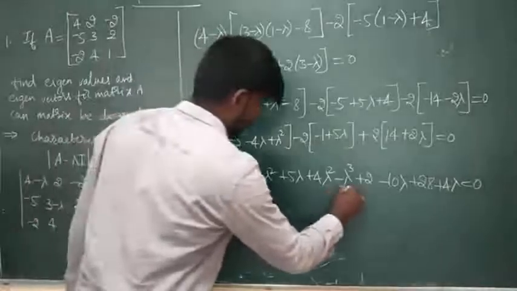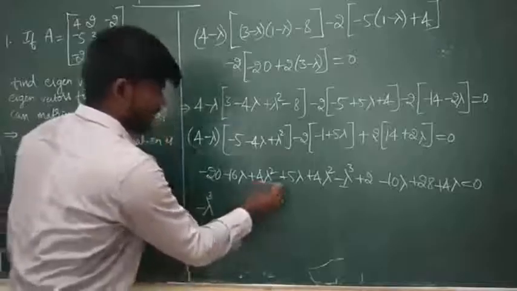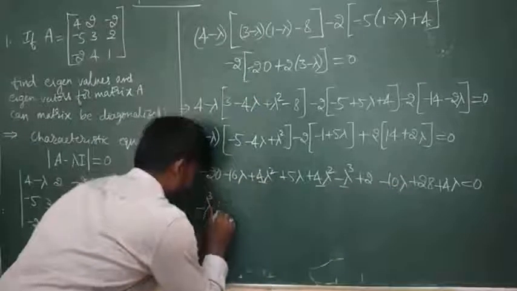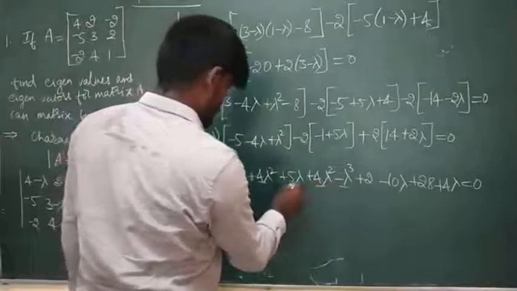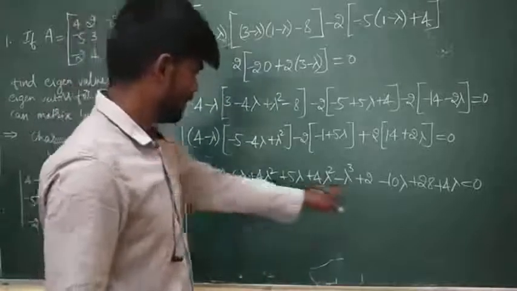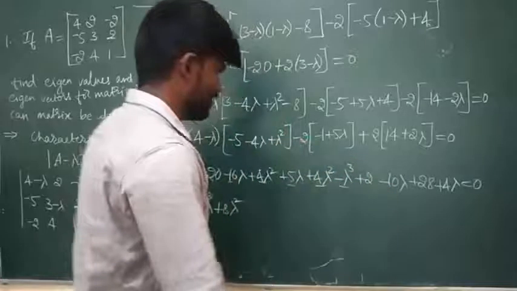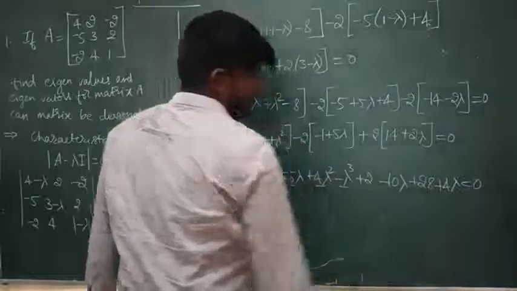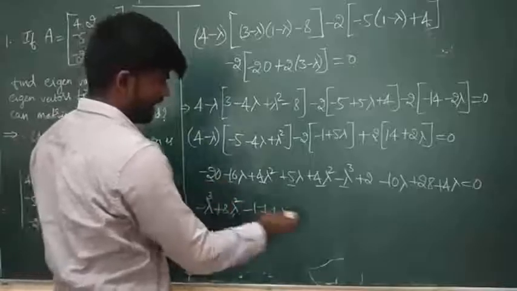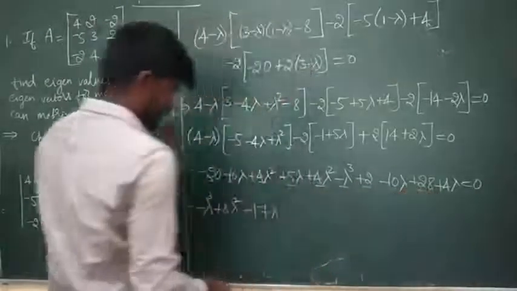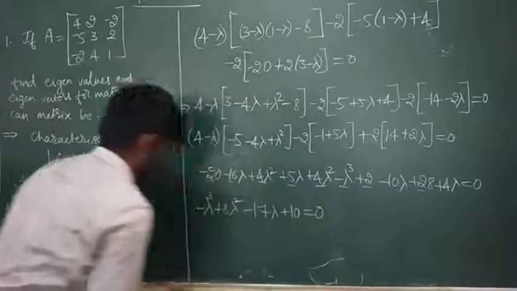First, we write the higher order terms in decreasing order: minus lambda cube, 8 lambda square, minus 21 plus 4, minus 17 lambda, and the constant term plus 10, which is equal to 0.